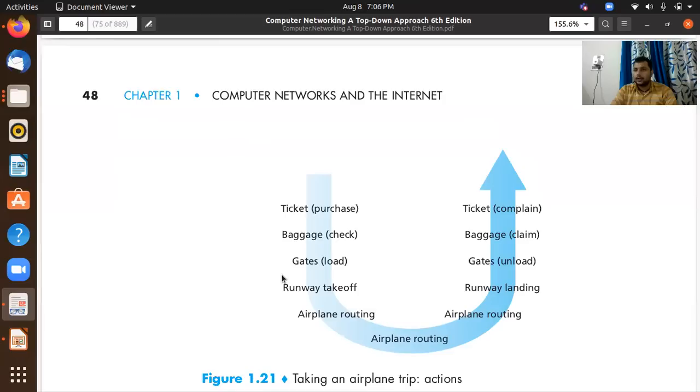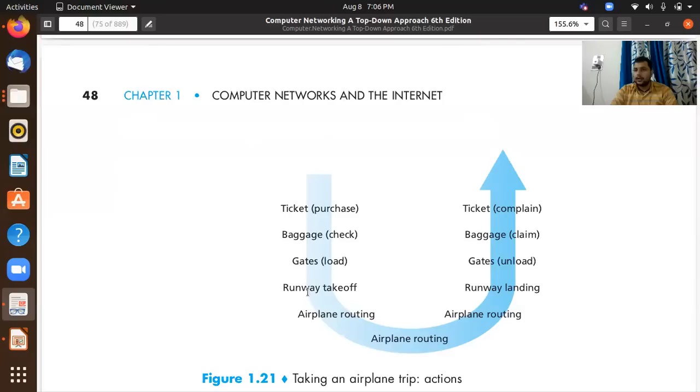Then he will approach the gates. He will be in a queue, so there will be some queue management going on there. They will frisk the people and do any number of activities, you know it very well. Then finally you're inside the plane after you cross the gates, and the plane operation will start.